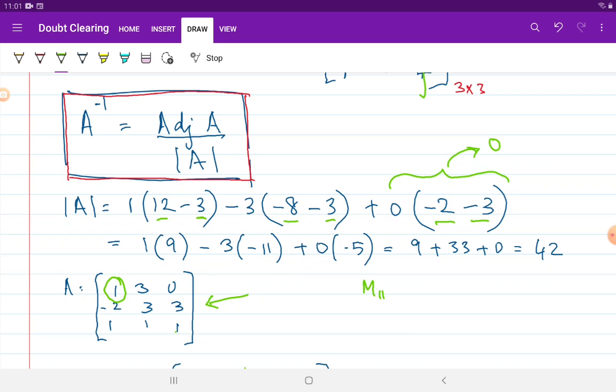Now, the minor, as we did for the determinant, is found by eliminating the row and column to which 1 belongs to. So, M11 will be 3 into 1 minus 1 into 3.